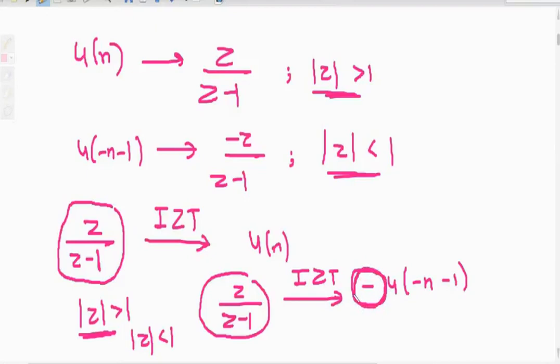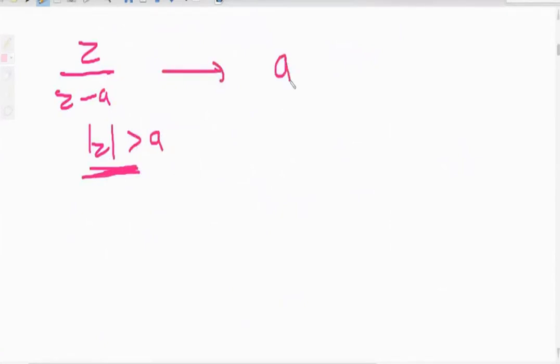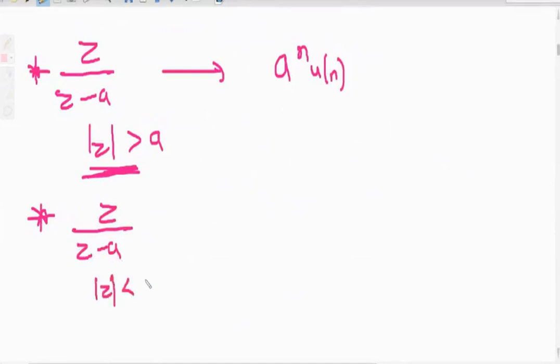Then what will be the inverse Z transform of Z upon Z minus a, and the ROC is magnitude Z greater than a? Magnitude Z greater means u of n. So its inverse Z transform is a raised to n u of n. Now what will be the inverse Z transform of Z upon Z minus a, with ROC magnitude Z less than a?